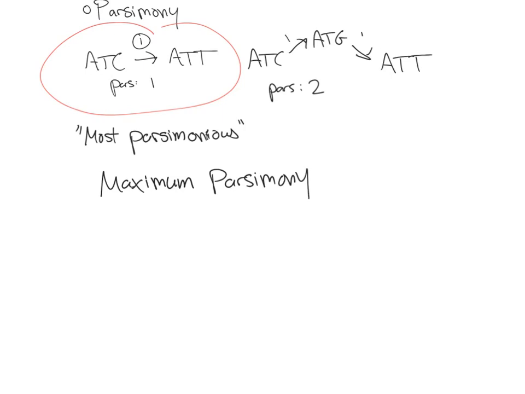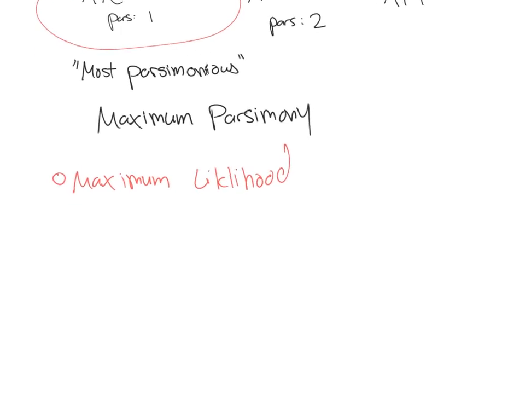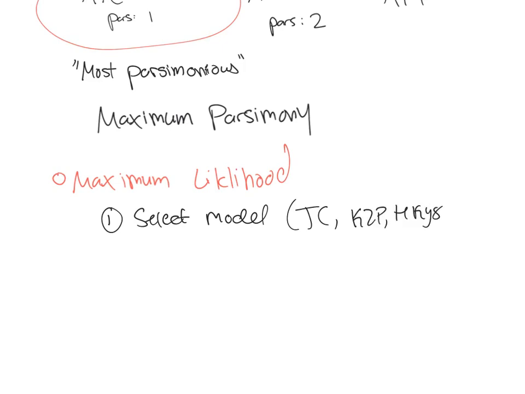The next is maximum likelihood. For maximum likelihood, we're going to select an evolutionary model. Remember earlier we talked about JC, K2P, HKY85.